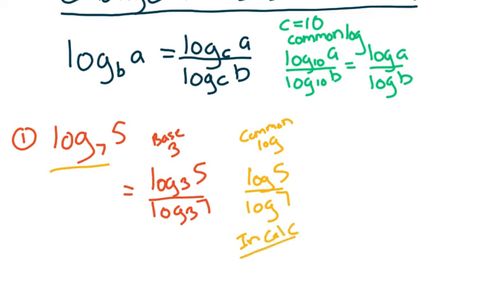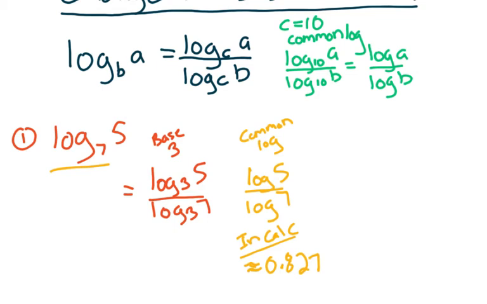I can do the log of 5 in my calculator and the log of 7 in my calculator and divide them. We should get 0.827 approximately. Log of 5 divided by log of 7.